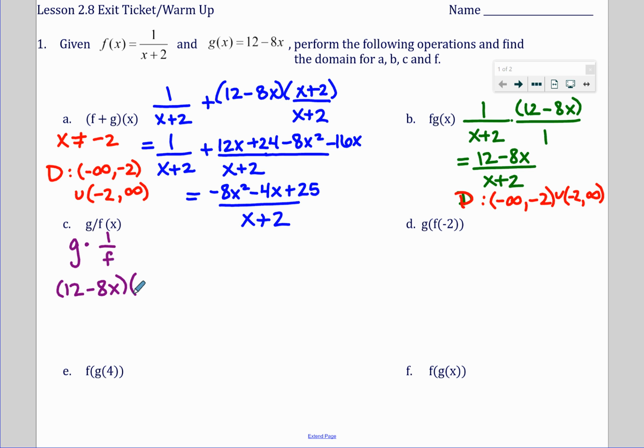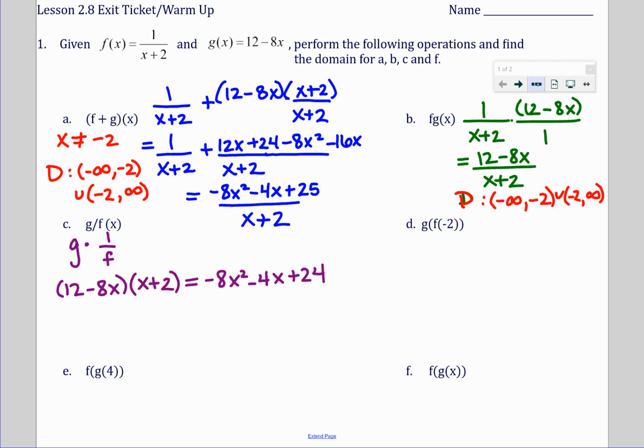Function F, if I take its reciprocal, if I flip it, is just x plus 2 over 1, or just x plus 2. So we're just foiling. Now we actually foiled those two pieces together up in part A, so you can use part A to help you here. You're going to end up with a negative 8x squared, a negative 4x, and a positive 24.